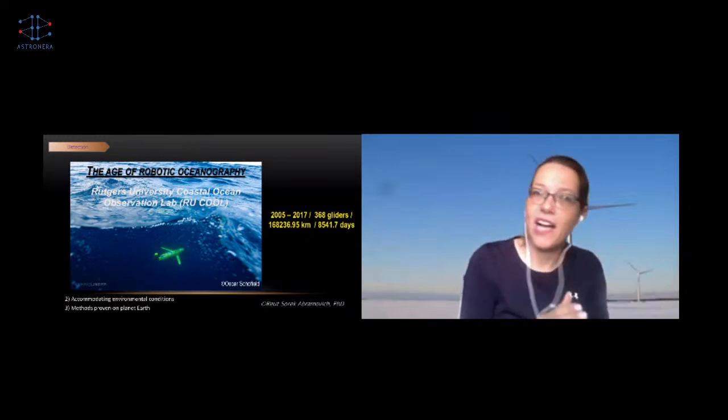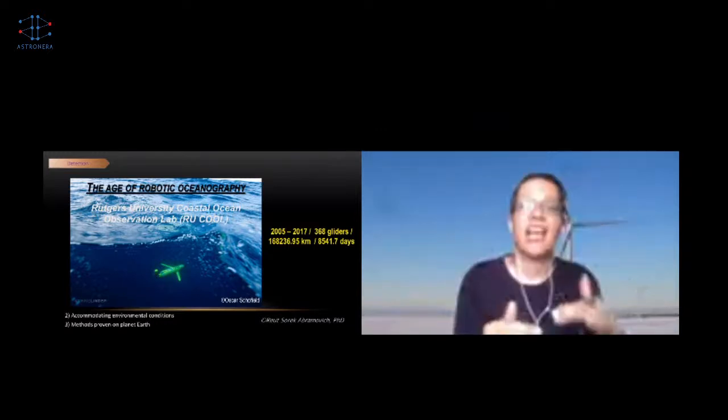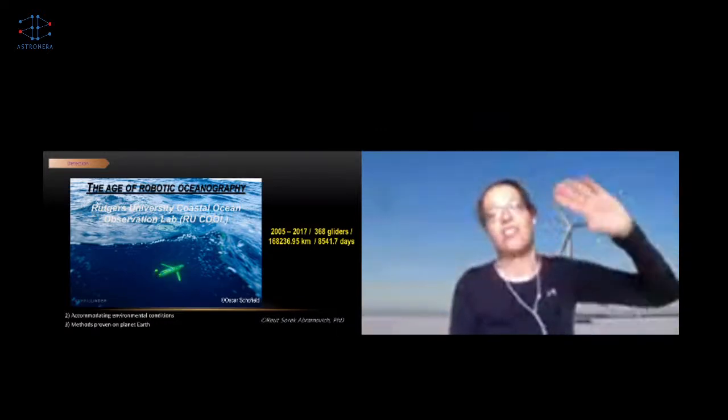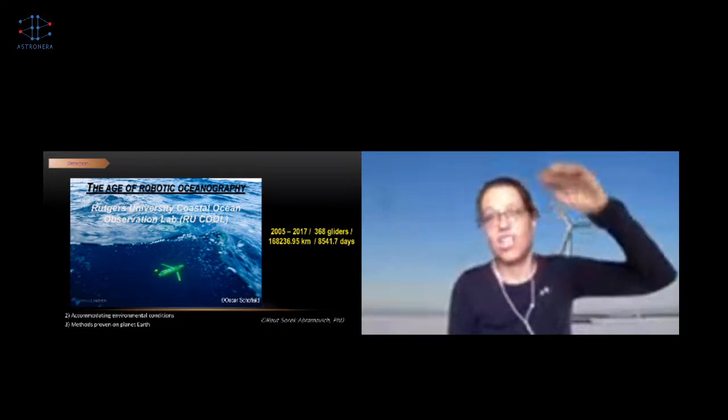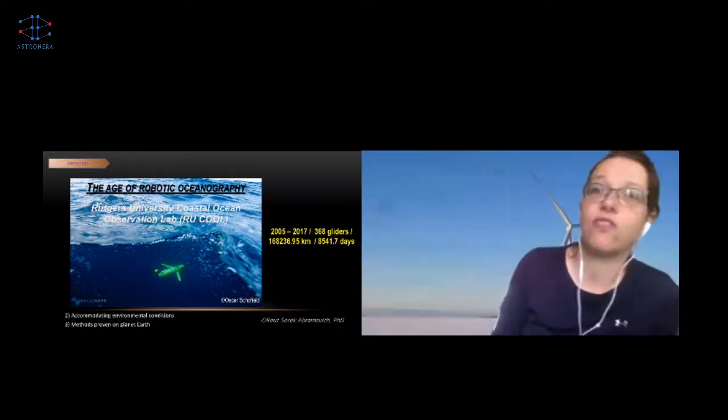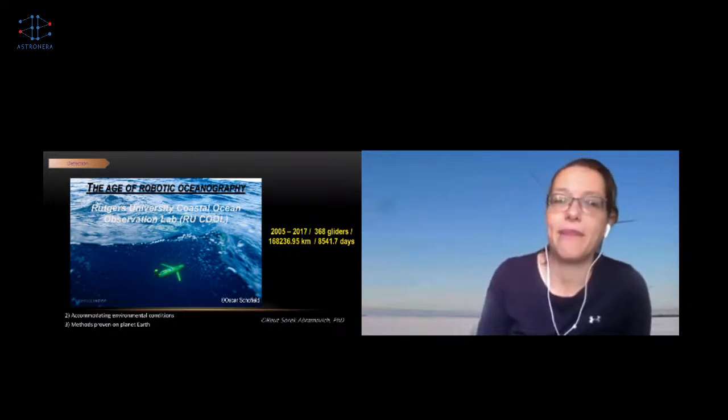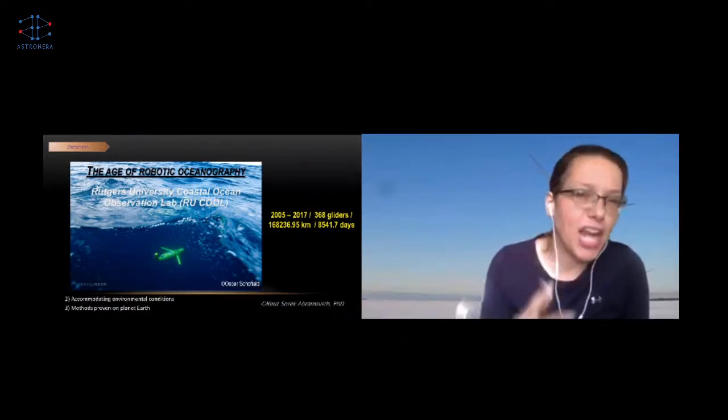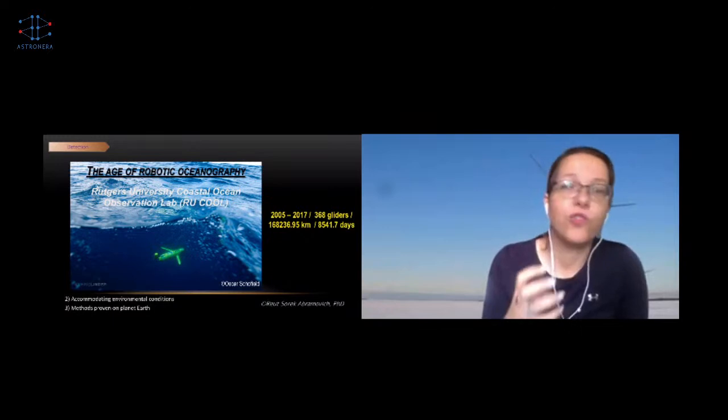And once in a while, they go up to the surface and transmit their data to NOAA satellites, which then bounce it back to the Rutgers University observation lab. These gliders have completely changed the way we know how our oceans work.